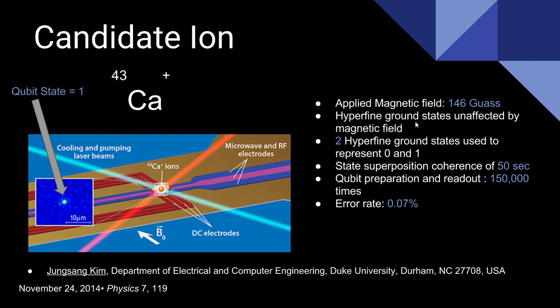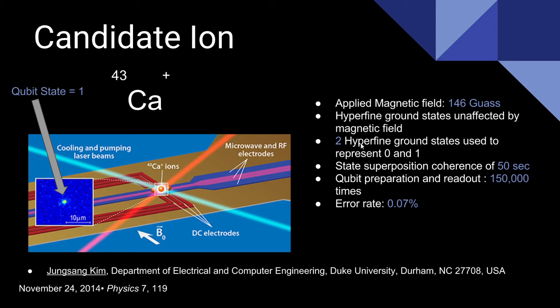These hyperfine ground states were separated enough that they're not affected by the magnetic field, and we want this because we want stable quantum states for us to manipulate the qubits. We don't want the quantum states to be disturbed.